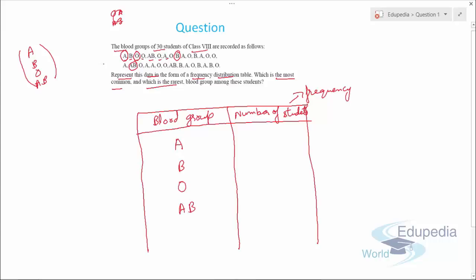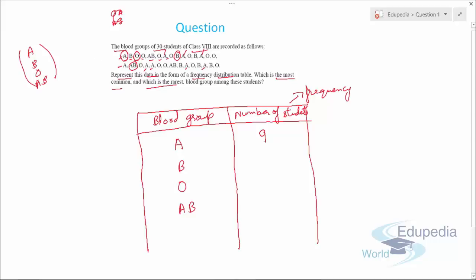Now let's count for A. How many A's are there? So this is 1, let's say this is 2, 3, 4, 5, 6, 7, 8, and 9. So we have 9 A blood group students, right? So under the number of students or the frequency column, we can write 9 because the number of students having blood group A are 9.